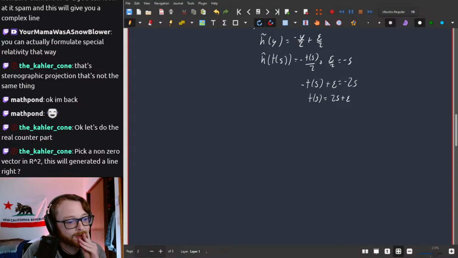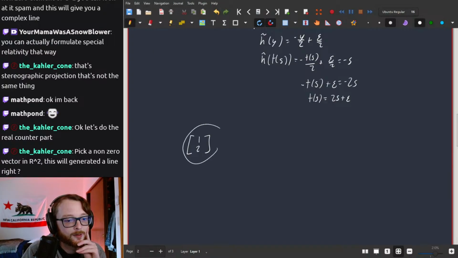Pick a non-zero vector in R2. This will generate a line, right? Sure, yeah, all the scalar multiples. So 1, 2 generates a line with slope 2 through the origin.